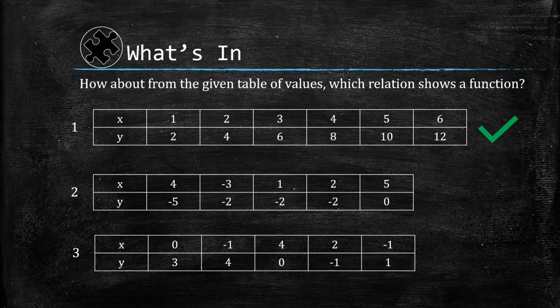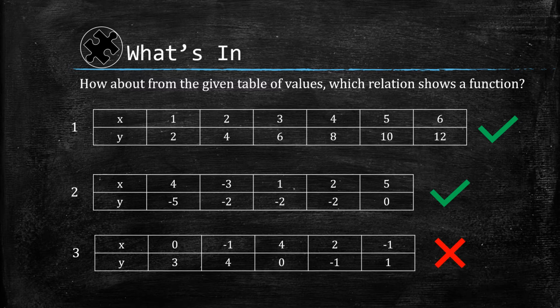Okay, how about table number 2? Is this a function? Yes, that is a function again. Your x is 4, negative 3, 1, 2, and 5, with corresponding unique elements in your y.